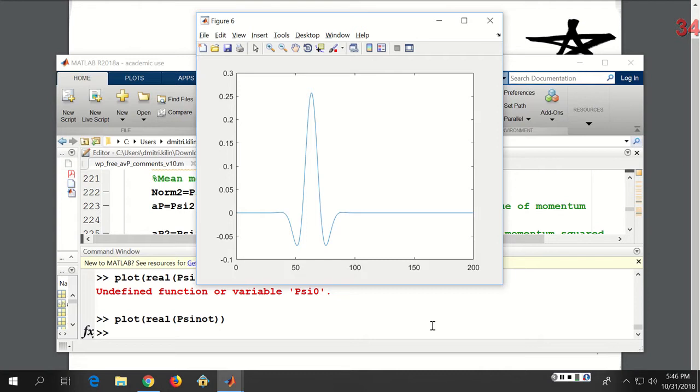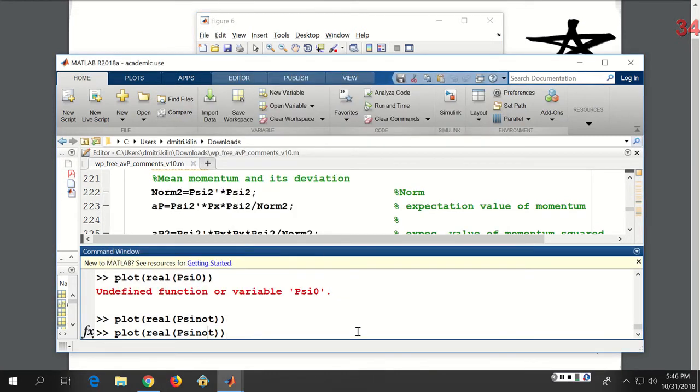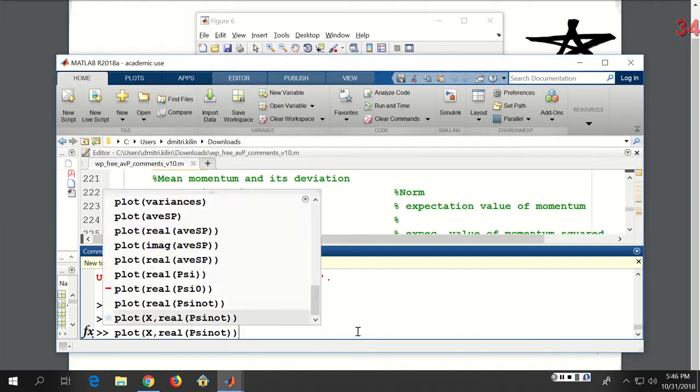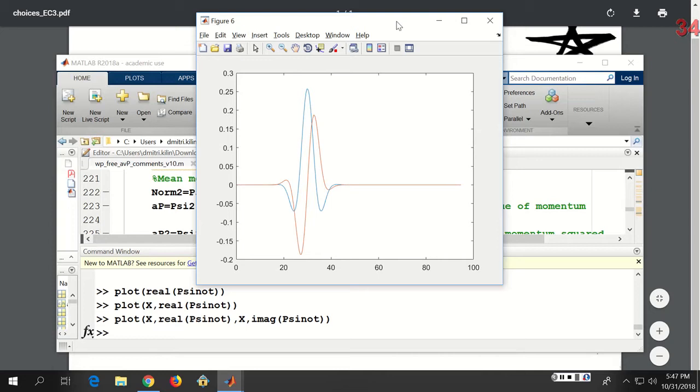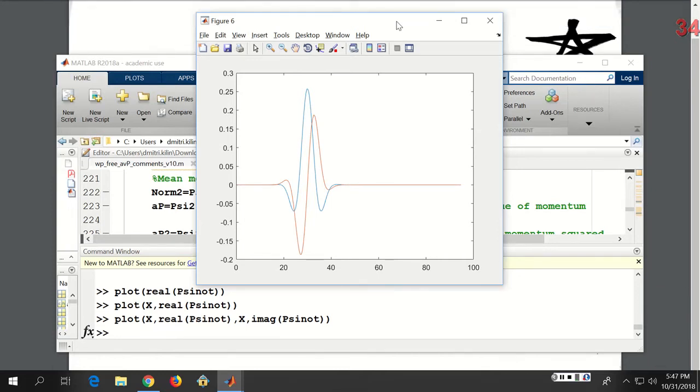There is a promise that the wave function is Gaussian, and this form is something a little bit more exotic, right? If you plot both real and imaginary, they also do not give us the expected Gaussian.